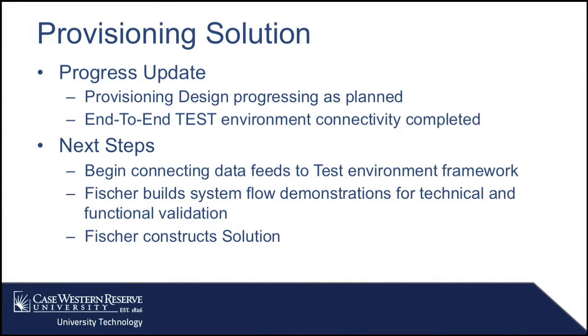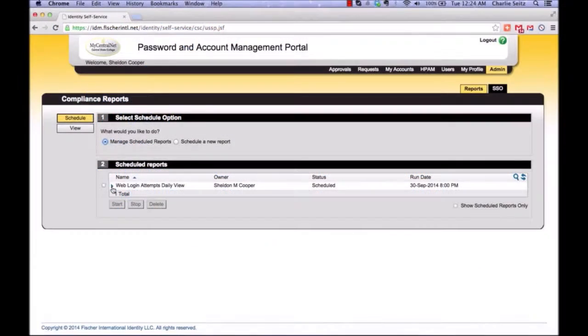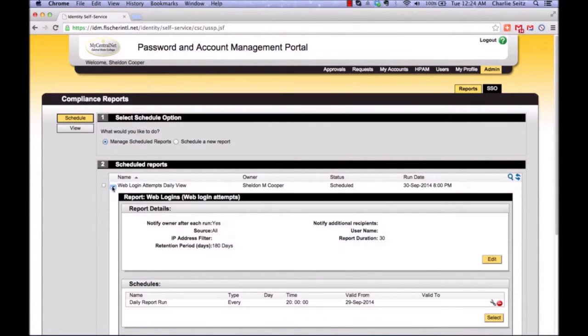Our next step is to begin getting the data feeds that we usually get from HCM and SIS and various other places throughout the university over to Fischer so that they can start digesting that information and then using that to provision the test systems.